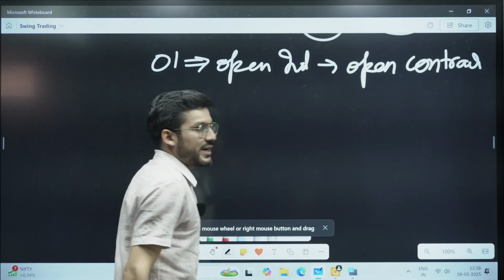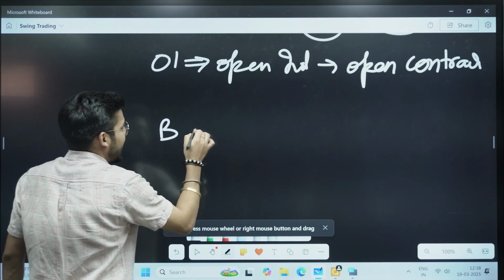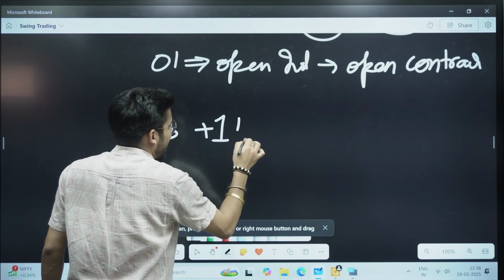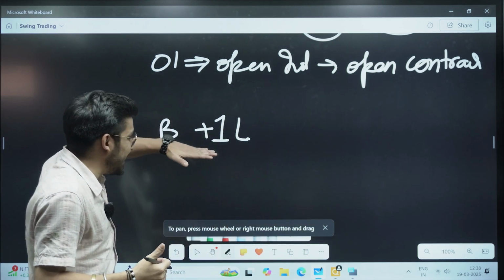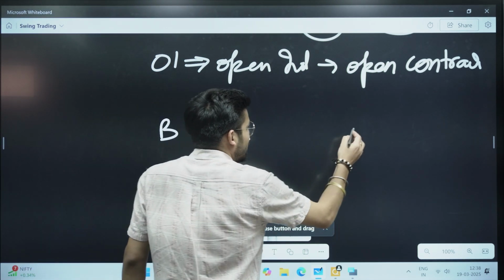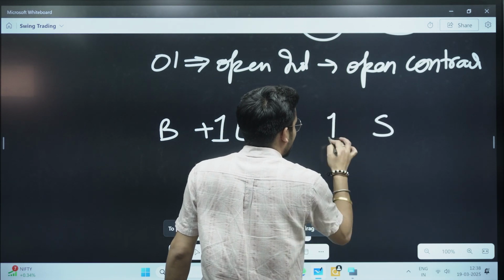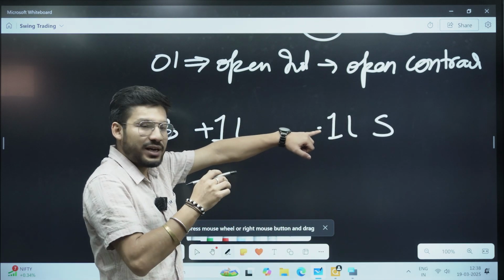Open contracts, right? So if I am a buyer and I'm buying one lot, and as you know, trading is a zero sum game. So if I'm buying something, there must be someone who is selling something. The seller will also sell one lot, and that is why I'm writing it with a negative sign.